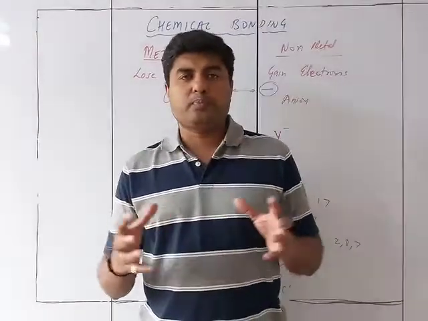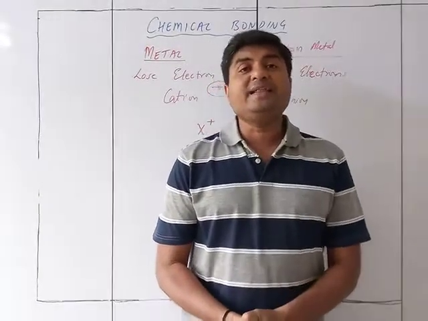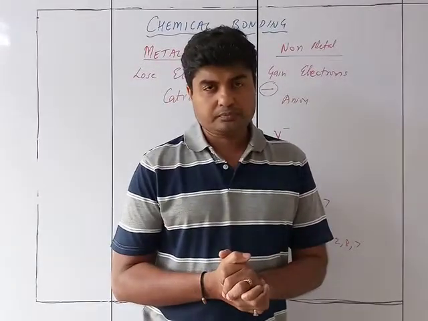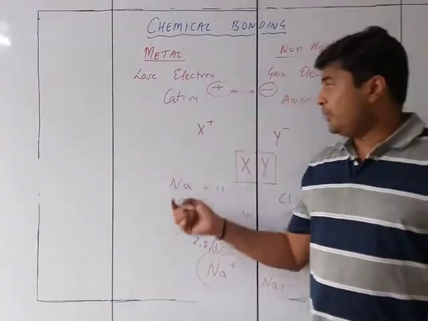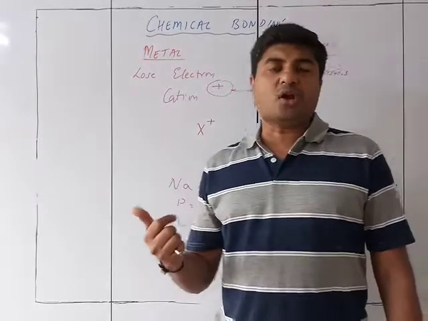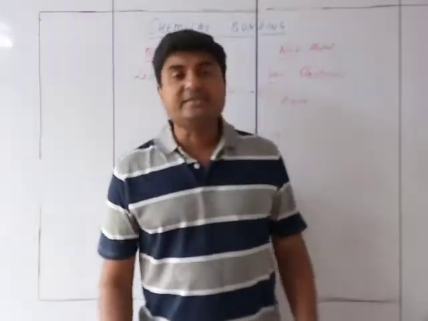is a possibility of an electrovalent bond being formed, it will always be a redox reaction. Why redox reaction? Because we very well know that loss of electron is oxidation, and gain of electron is reduction.